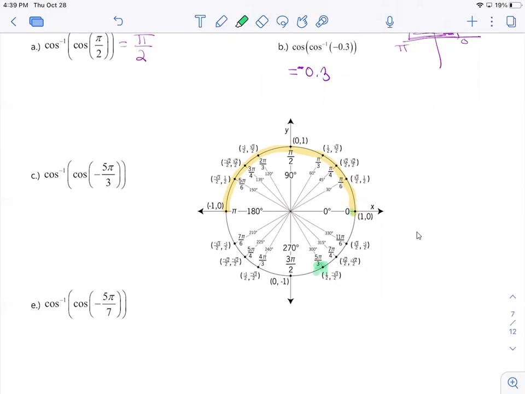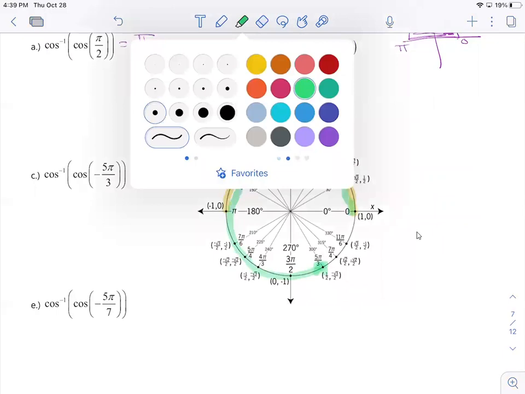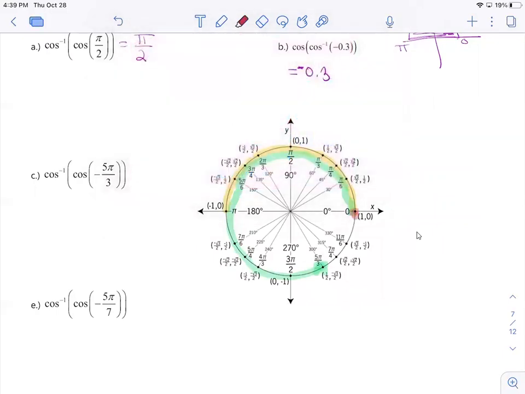To get to 5 pi over 3, you go all the way around to here. But I need to go the negative direction, and I need to make just this big of an angle. So I start here, and I go and go, and I end right here. This is where negative 5 pi over 3 would live.